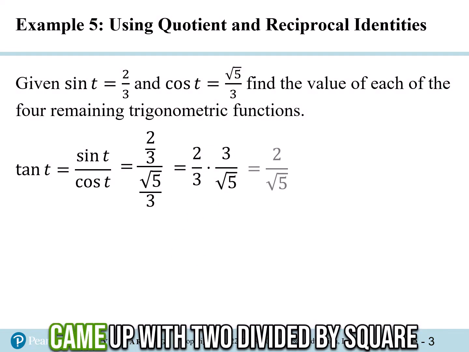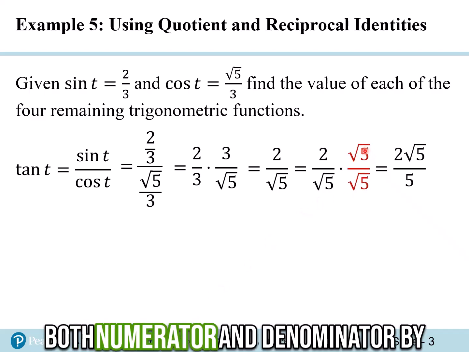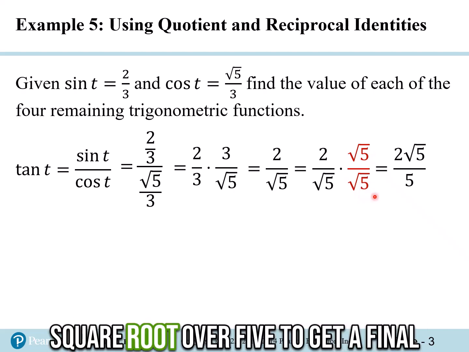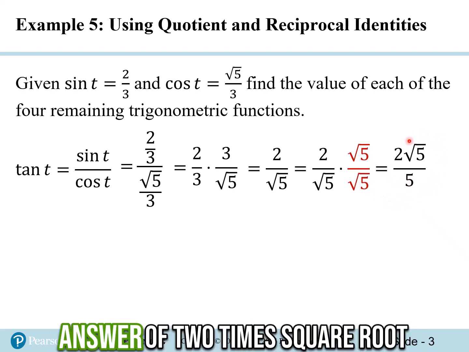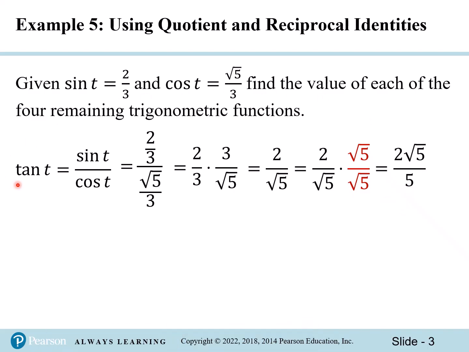Then they came up with 2 divided by square root over 5, and rationalized the denominator by multiplying both numerator and denominator by square root over 5 to get a final answer of 2 times square root over 5 divided by 5 as the value of the tangent function.